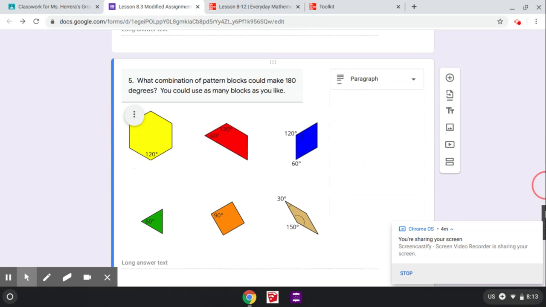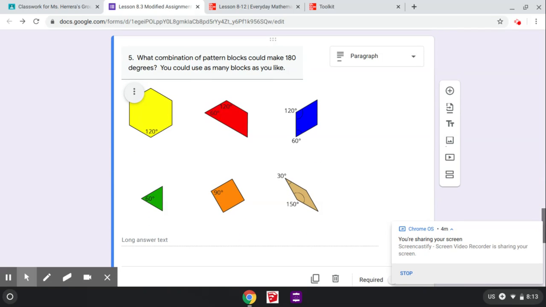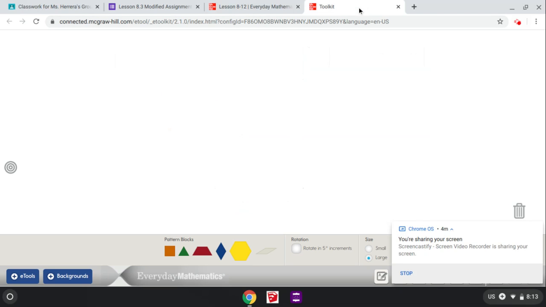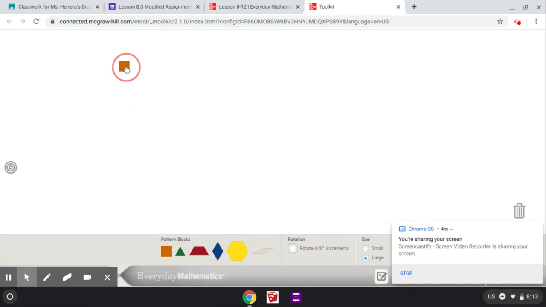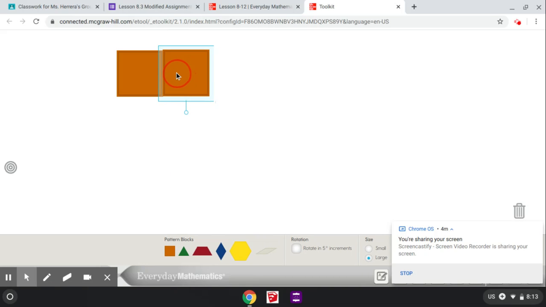Okay, for number 5 and for number 6, you could come up with as many combinations as you wanted to. You had to find pattern blocks that equal 180 degrees. So for example, you could have used 2 squares, right? Because the squares, I know that the vertices measure 90 degrees. Okay, so this angle right here measures 90, and this angle here measures 90, and 90 plus 90 equals 180.